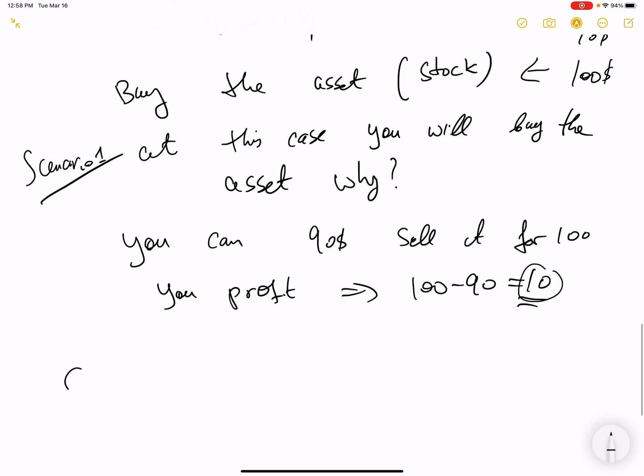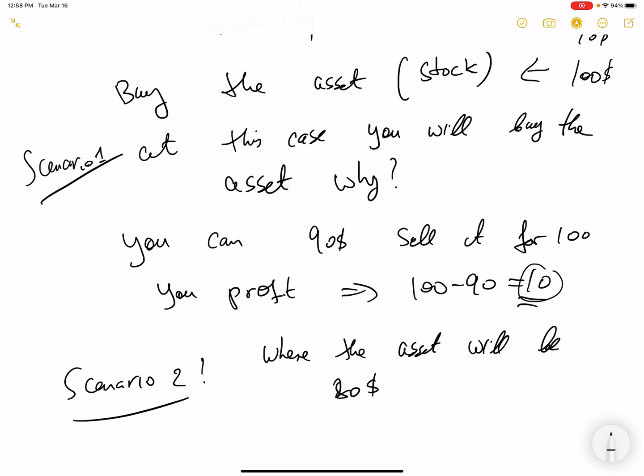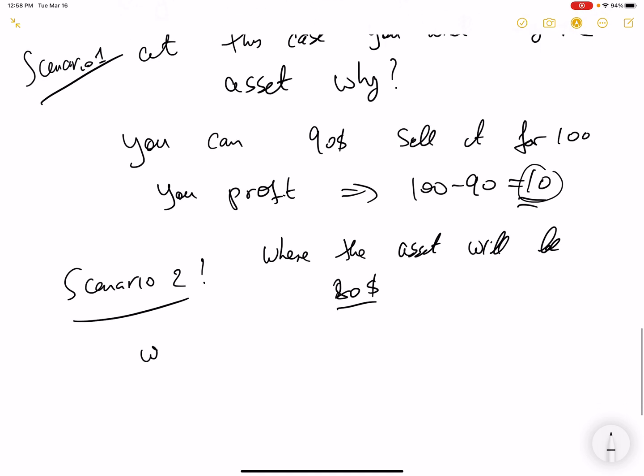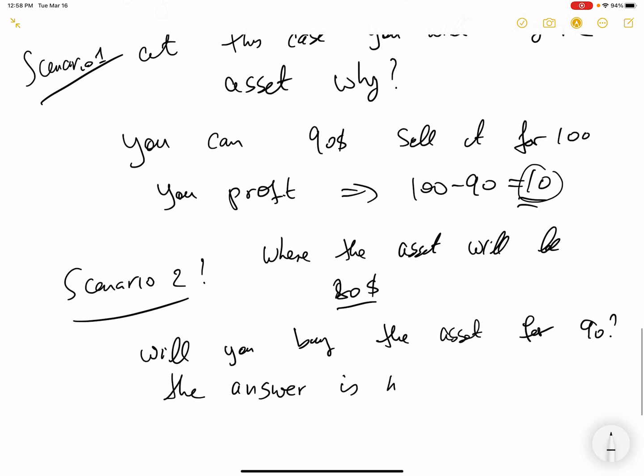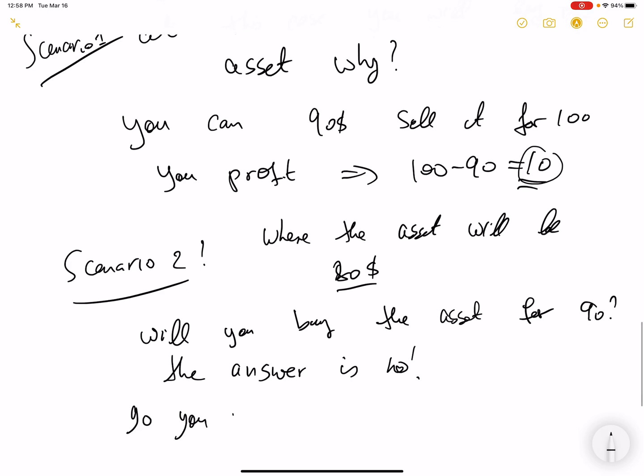What about scenario two? So scenario two, you have the following. Where the asset is going to be. So in this case, will you buy the asset for 90? The answer is no. Okay, because if you buy it for 90, you sell it for 80 on the open market.